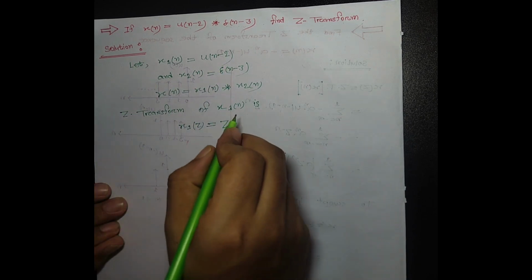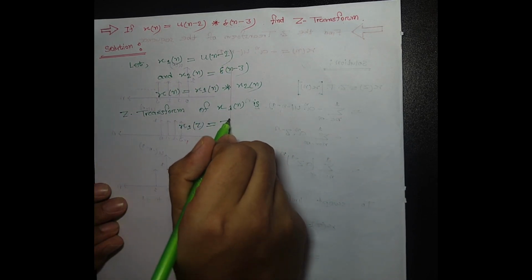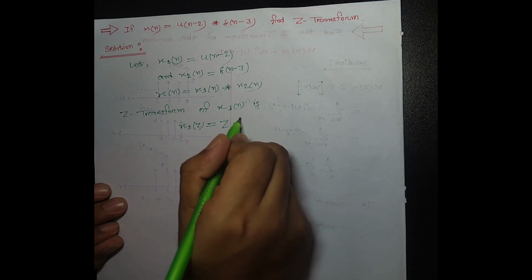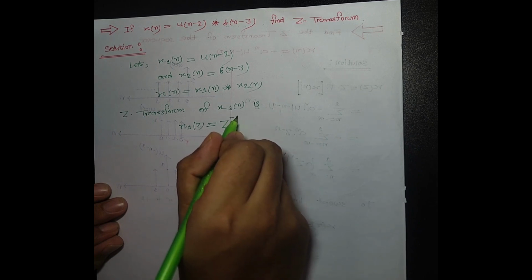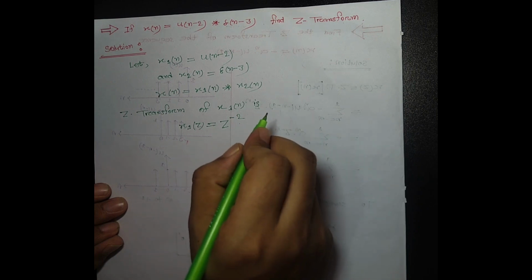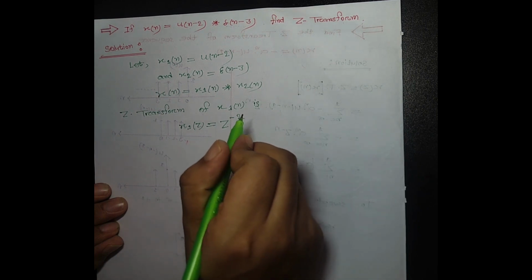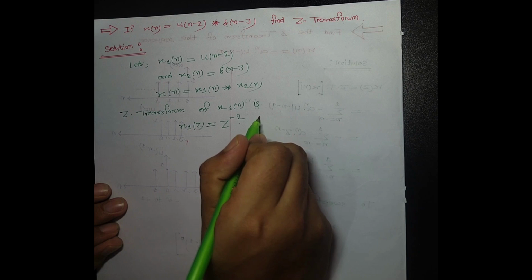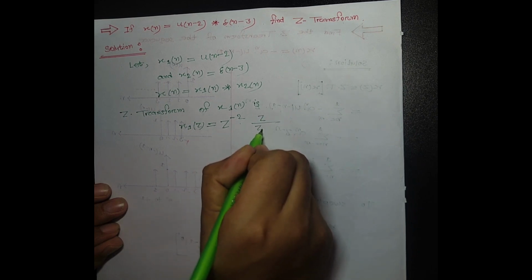That means z to the power minus 2 into the Z transform of the unit step signal.